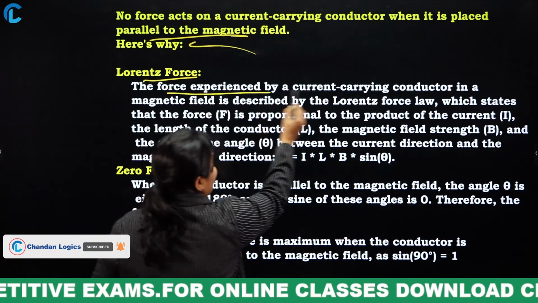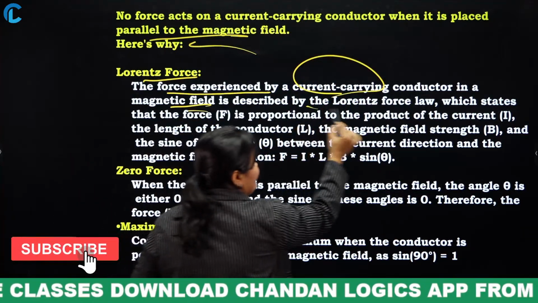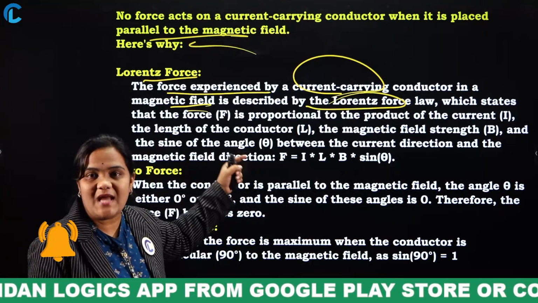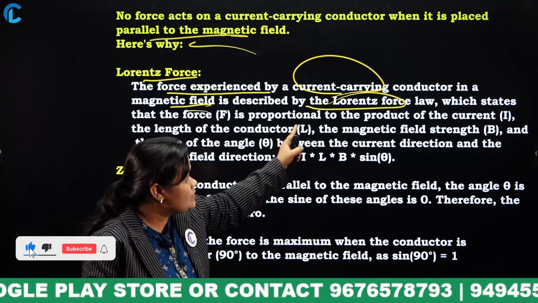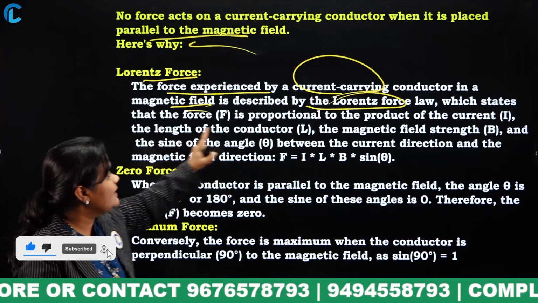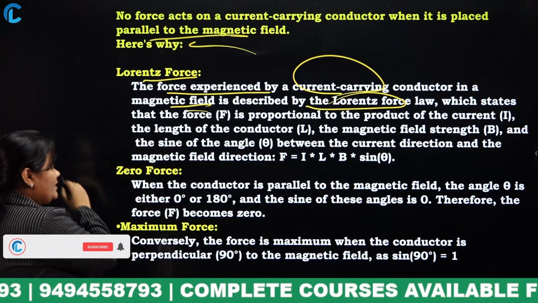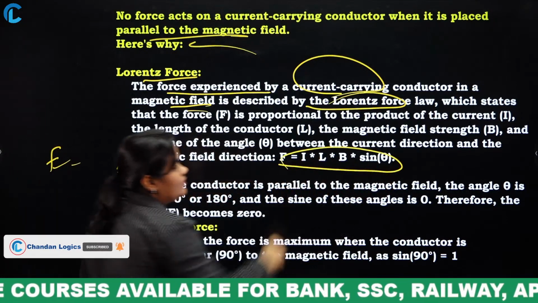The force experienced by a current carrying conductor in a magnetic field is described by the Lorentz force law. The force is proportional to the product of current, length of the conductor and magnetic field strength, as I told before. F is equal to I into L into B sin theta.